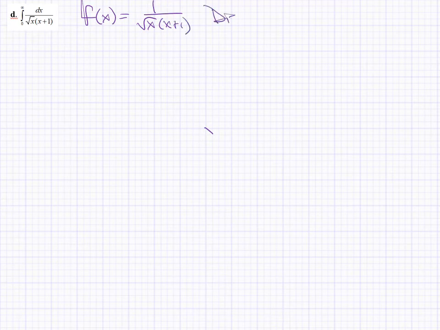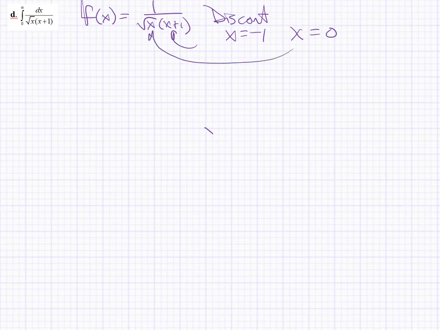All right, now we have this one. Be careful here. First off, look at the function. The function we're working with is 1 over the square root of x times x plus 1. This is discontinuous in two places. When x equals -1, that's when this will be 0, and when x equals 0, that's when this will be 0.